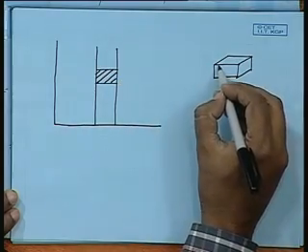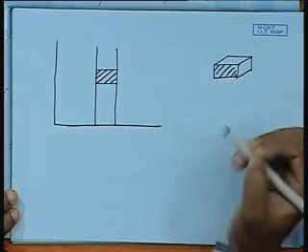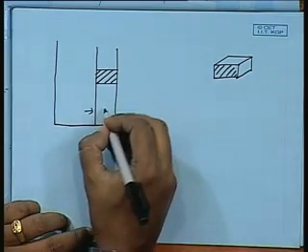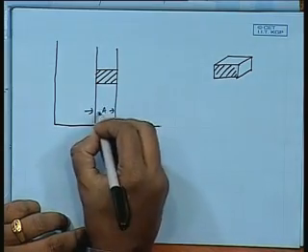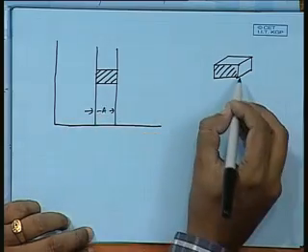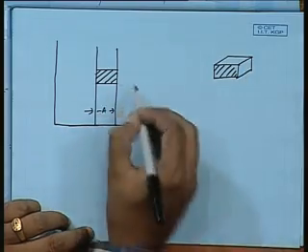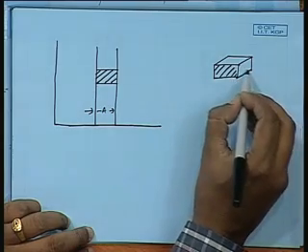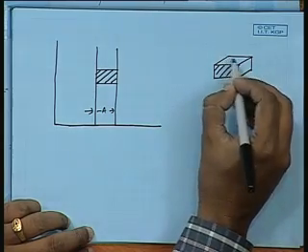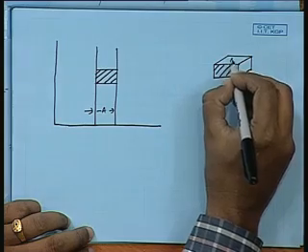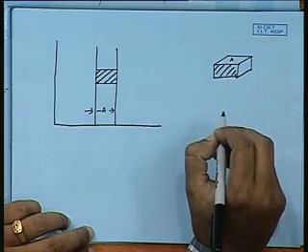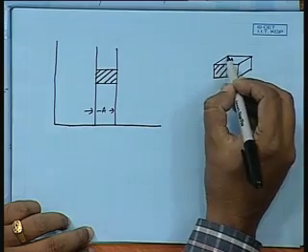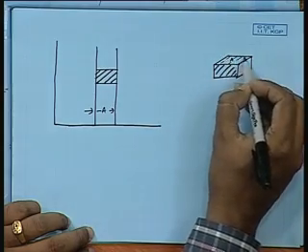This one is the area A, the total area at the bottom. This is the area we are talking about.